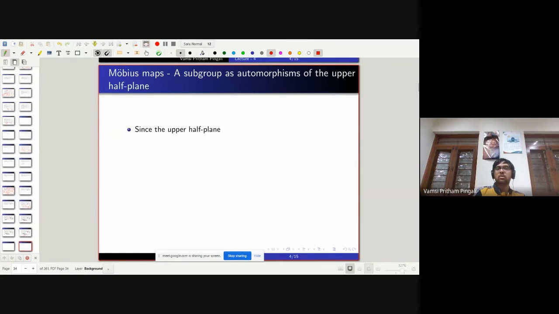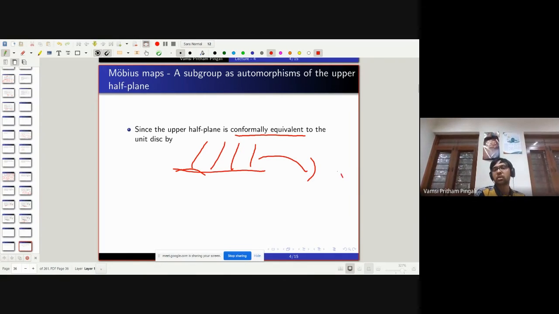Right. Since the upper half plane is conformally equivalent to the unit disk, what does this phrase mean? That simply means there is a conformal map from the upper half plane to the unit disk.